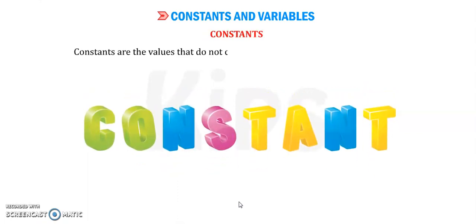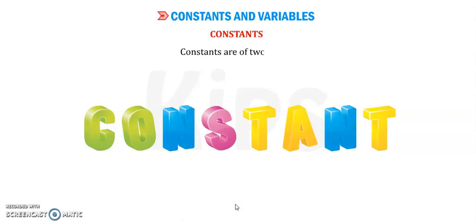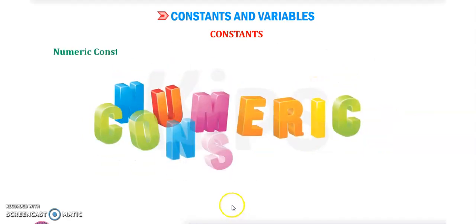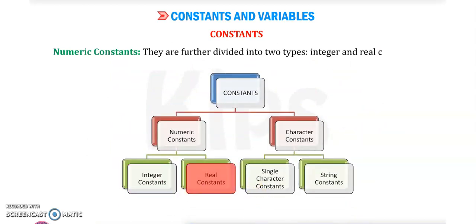Constants are values that do not change during the execution of a program. Constants are of two types: numeric constants and character constants. Numeric constants are integer or real constants.